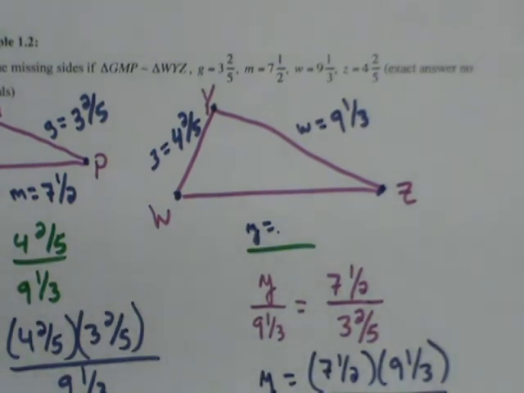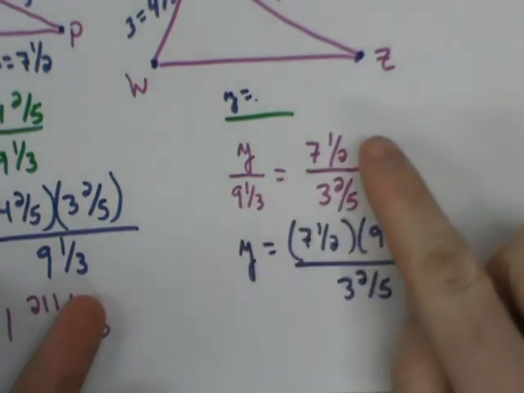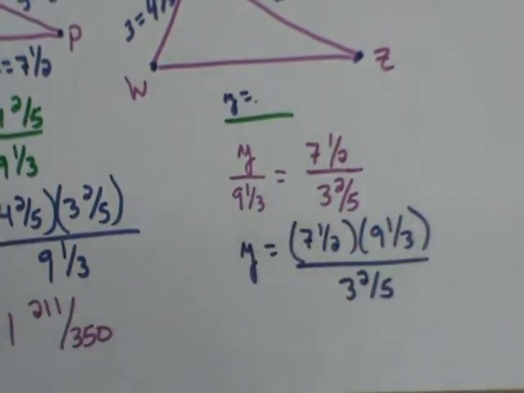And then we let the calculator do all the work. Again, all I did was multiply by 9 1/3. I brought that up through multiplication. Simple thing to plug into the calculator. So I say 7 1/2 times 9 1/3 divided by 3 2/5.